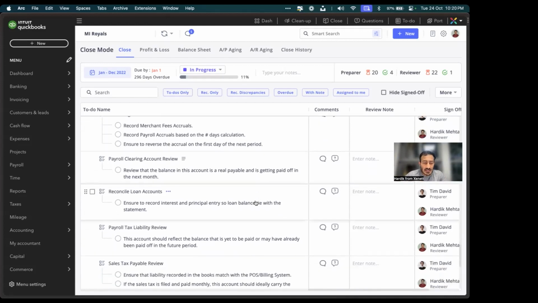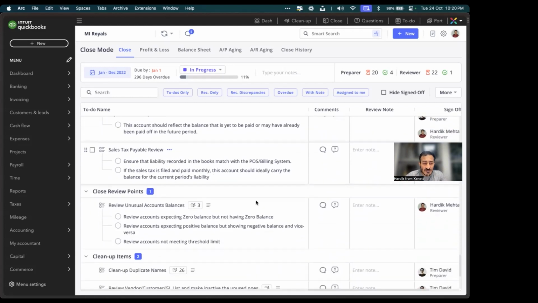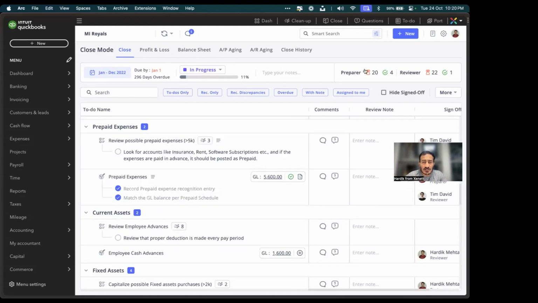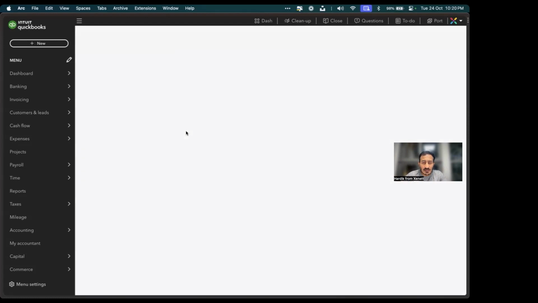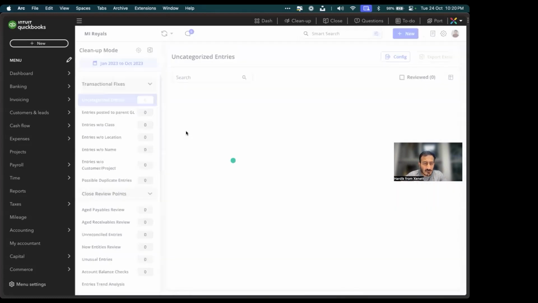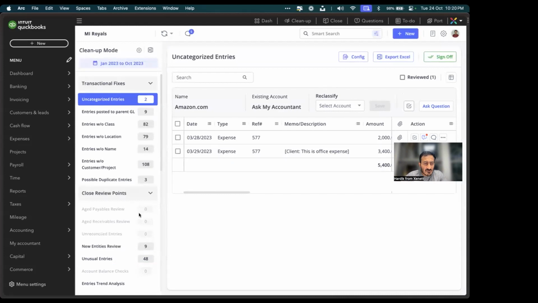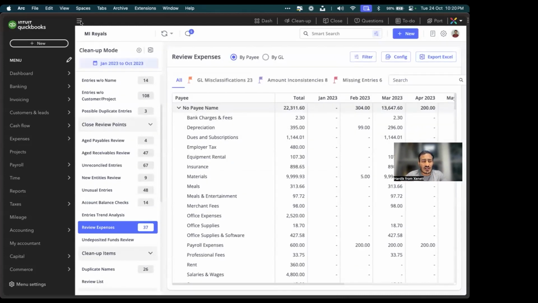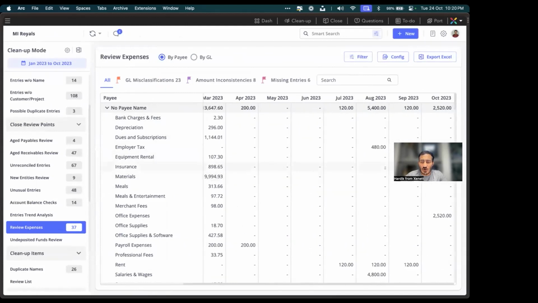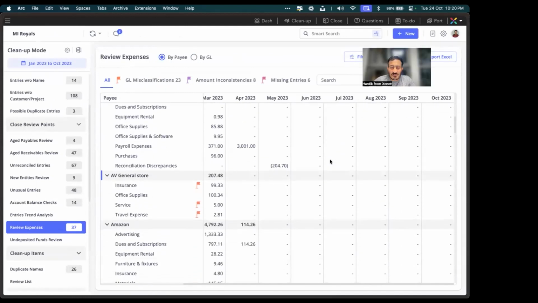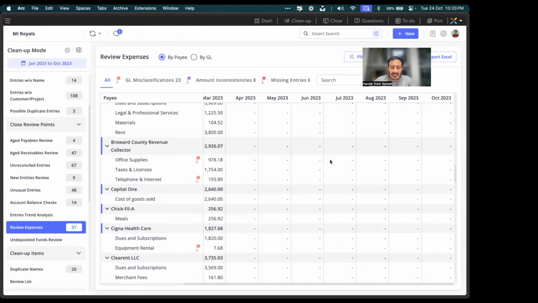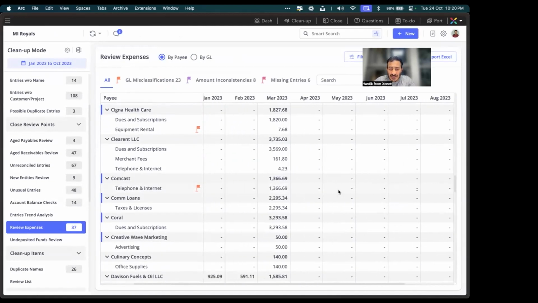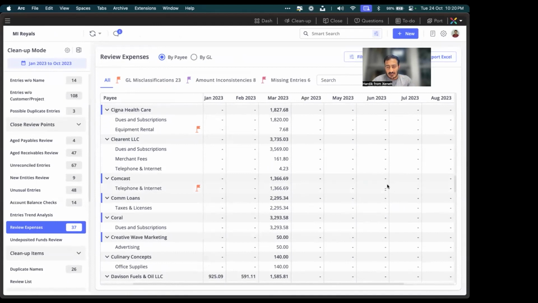And the best way we identify this kind of accrual, let me just show you. We have this expenses review point. This is pretty helpful because it gives me an overview of all my expenses across the months. Imagine there are expenses that I see every month, and in one month there is no expense. This would trigger me that I need to make an accrual for that particular vendor, right?